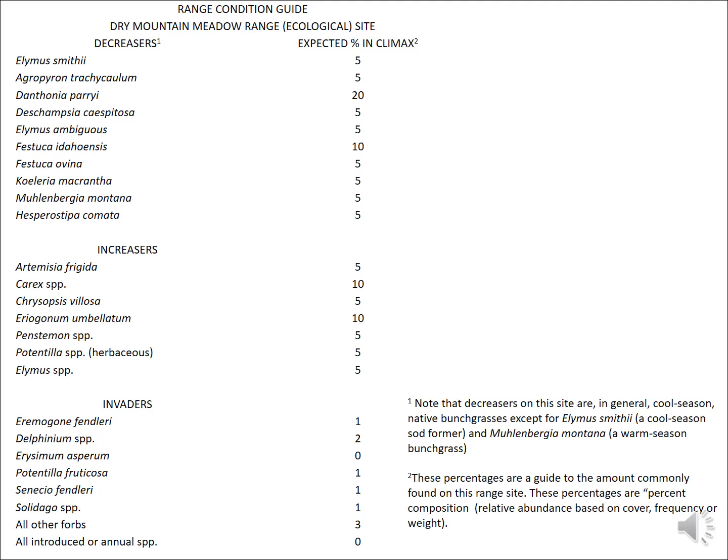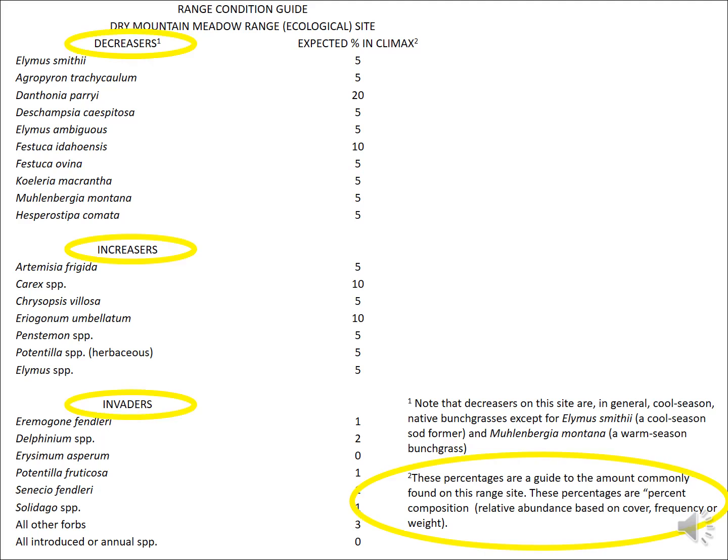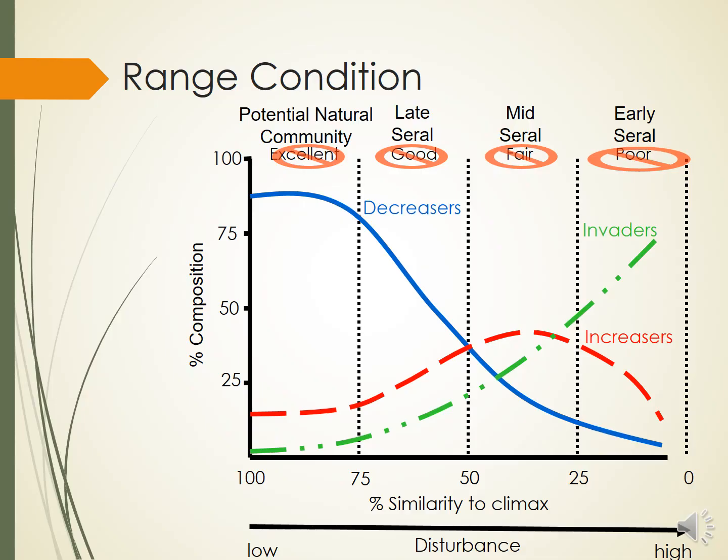And you're going to find that the decreasers are the most abundant, followed by the increasers, and then the invaders.